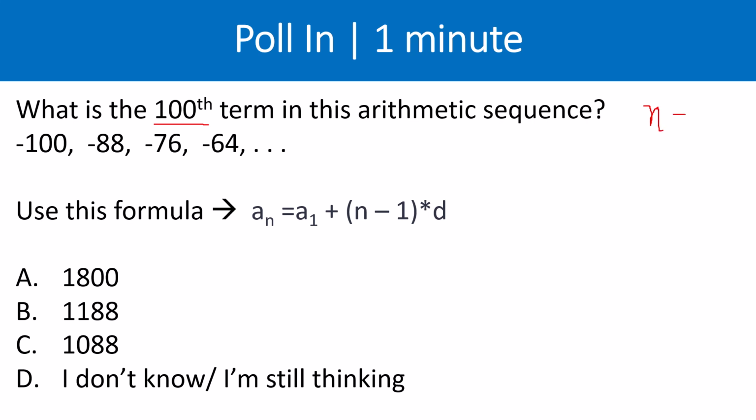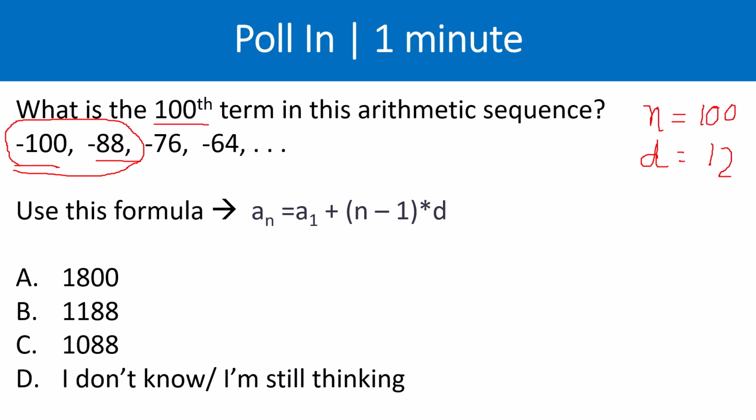N is equal to 100. And we can determine what D is equal to. That's the difference between any two terms. So take any of these two terms. I think we've already done this in a previous example. Negative 88 minus negative 100 is going to be 12, so the difference is 12.